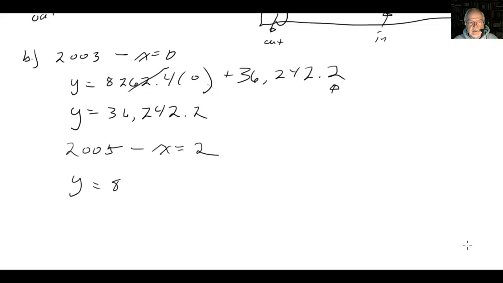So I plug that in, and I get y equals 8,262.4 times 2 plus 36,242.2.